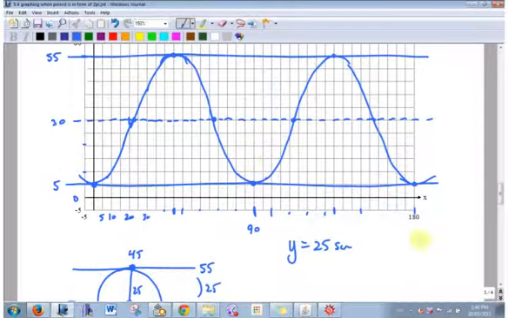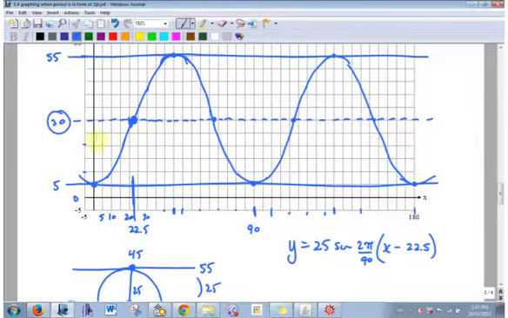Sine, what's my period? 2 pi over 90. Sine starts here. How far away is that from 0? What's my phase shift here? What was half of 45? 22.5. Do I want to add that or subtract it? It's moved to the right from 0, so that's a minus. And how far is this guy from 0? What's my vertical displacement?